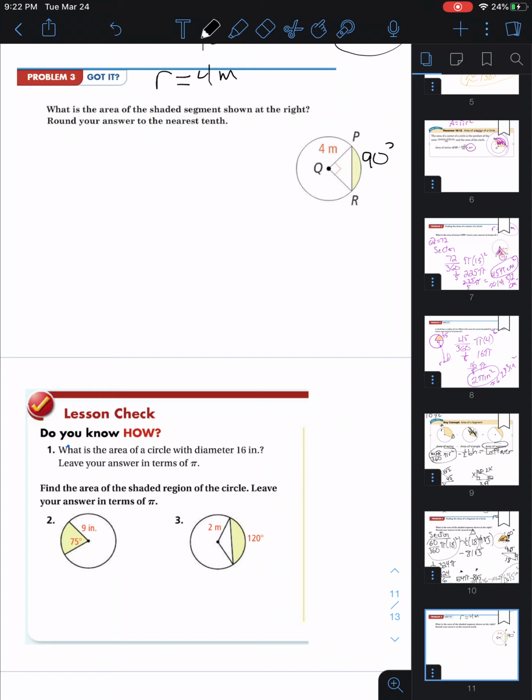So the measure of arc PR is 90 over 360 times the area of the circle, pi r squared. Pi times 4 squared is 16 pi, and 90 over 360 is 1/4, which gives me 16 over 4 pi, or 4 pi. That's the area of my sector, 4 pi meters squared.